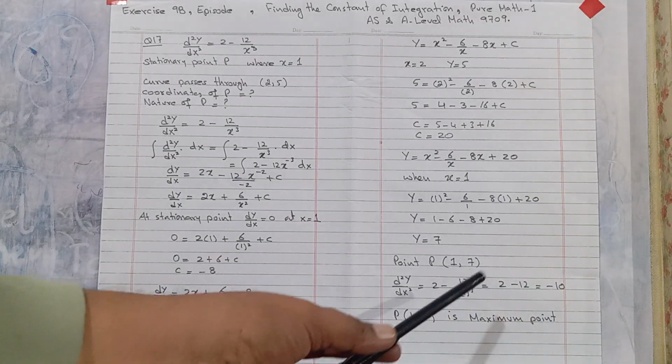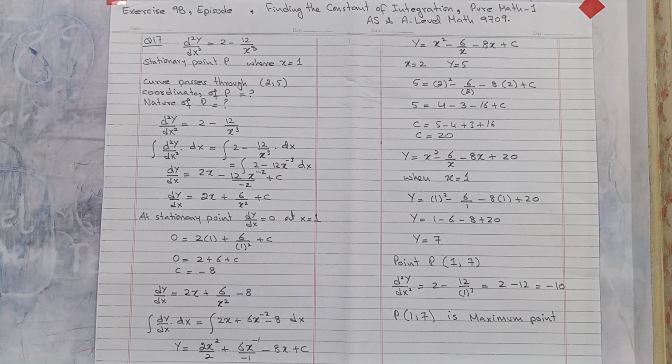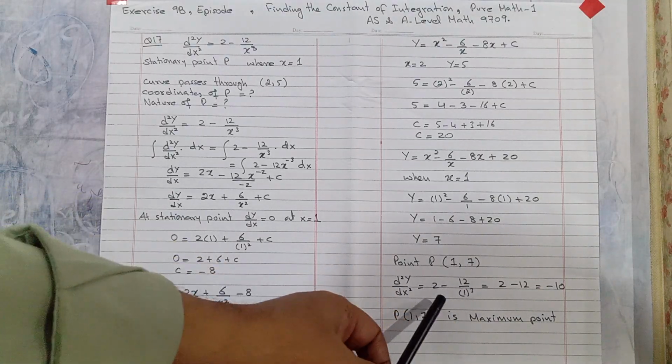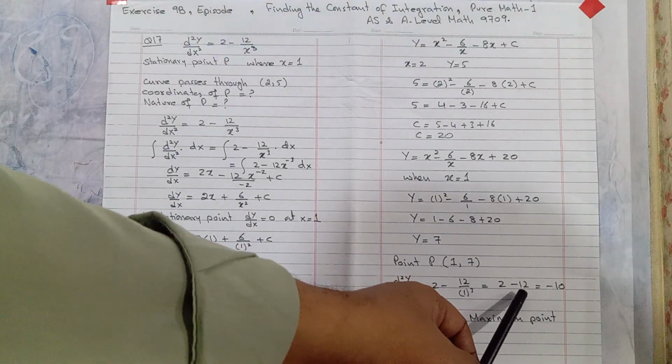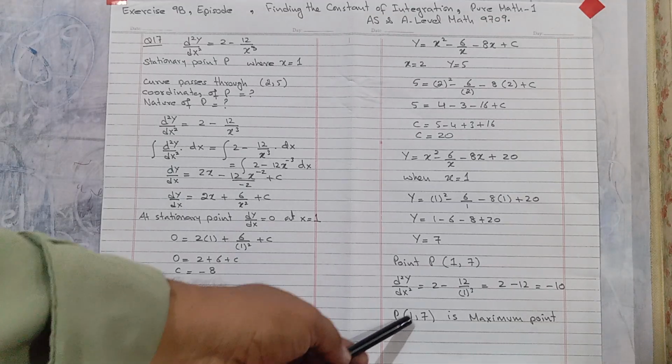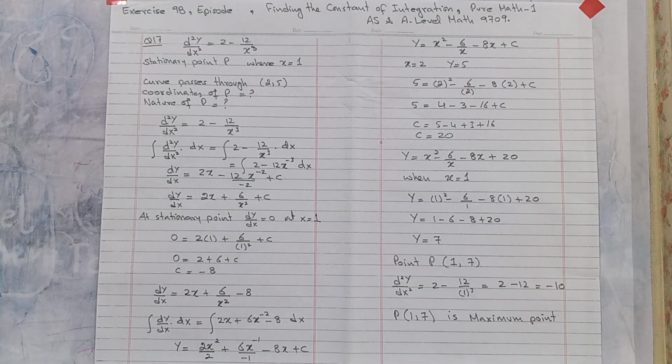So 2 minus 12 divided by 1 cubed gives 2 minus 12, and that gives minus 10, which is a negative number, which means that this is a maximum point. When the second derivative's value becomes negative, that point is a maximum point. So the point P, which is 1 comma 7, is a maximum point.